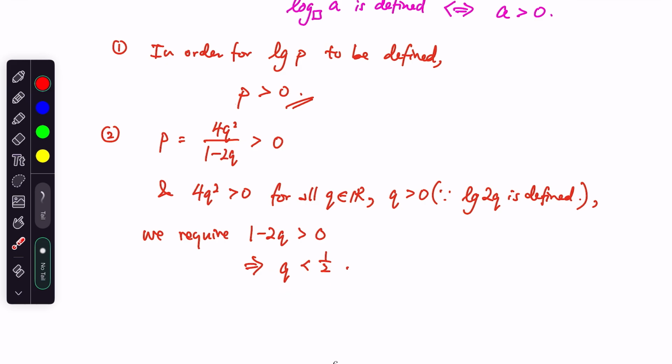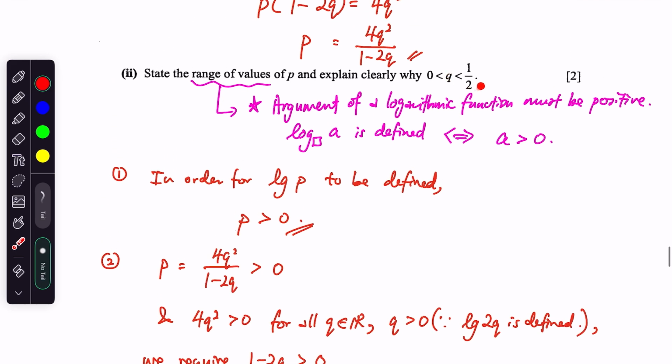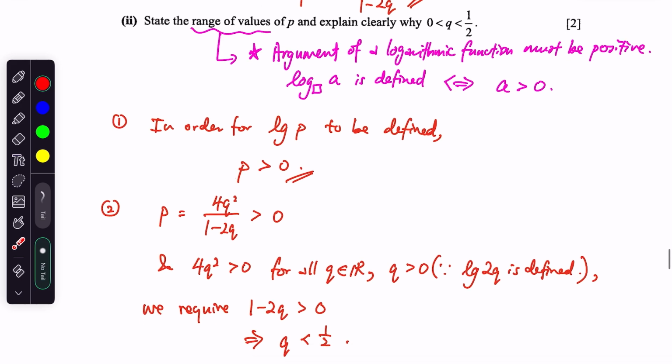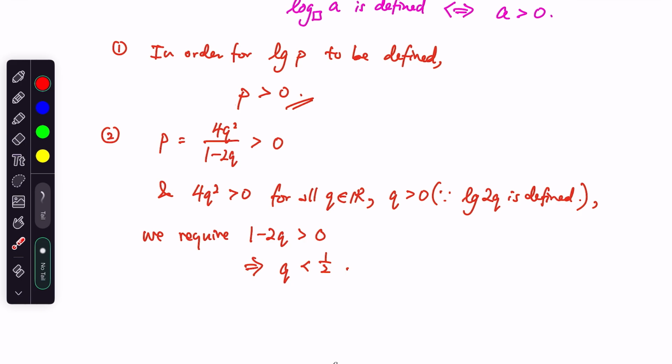Now I have half of the inequality I want to show. The other half is that q is more than 0, and actually we have written it down already. Let's write it down again. I think it will be good if we rearrange this a little bit.